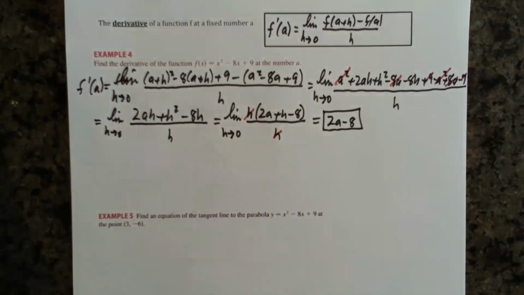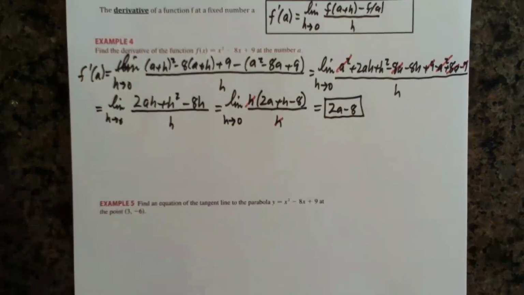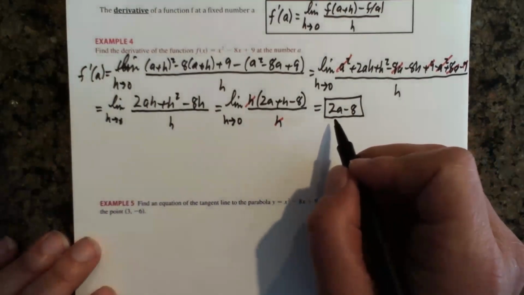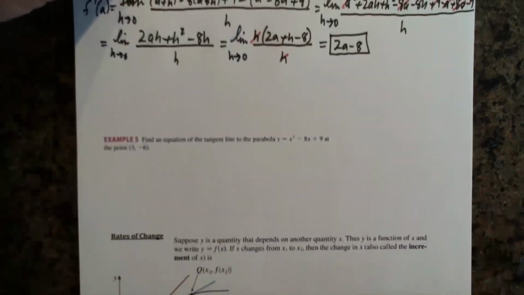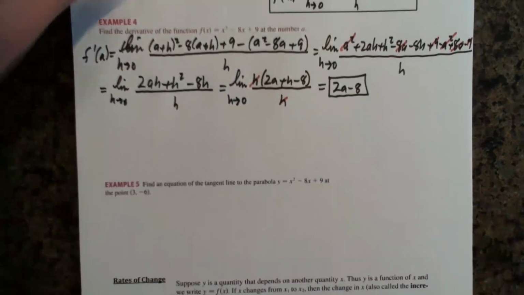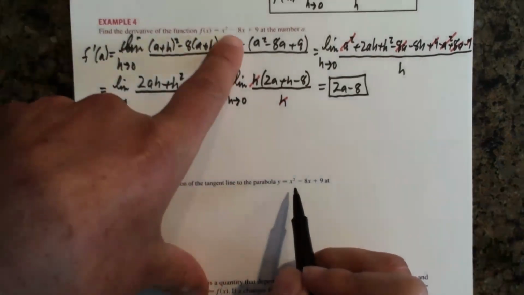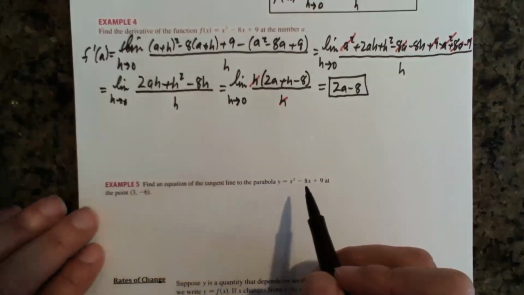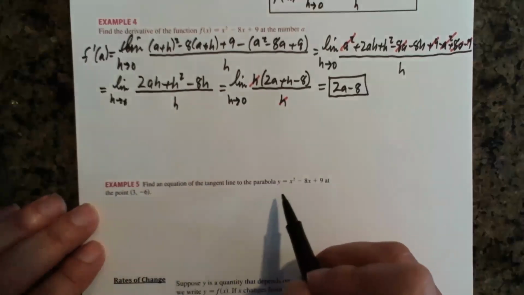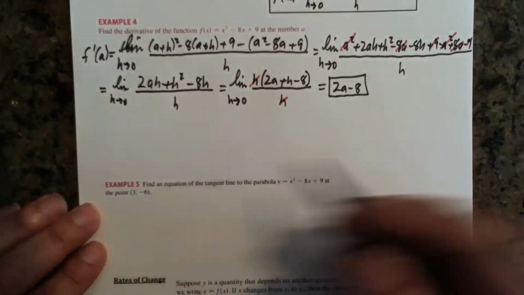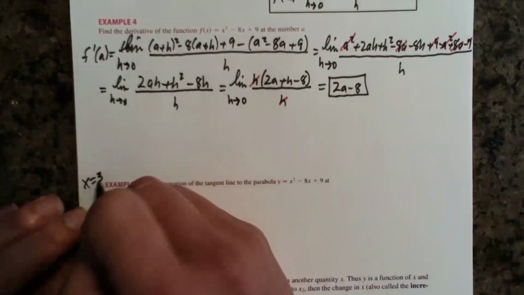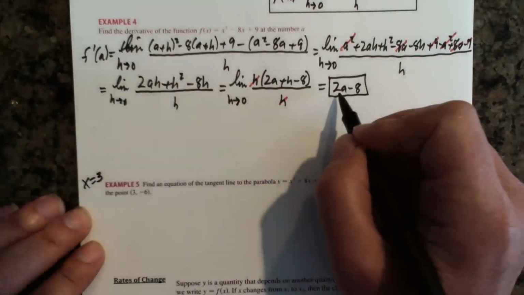All right. Example 5. Now we're going to use this information here. And you'll notice, just to be clear, that this function here is this function here. So they want to know the equation of the tangent line when x equals 3. You can see this is when x equals 3. So I'm going to pop 3 into there.